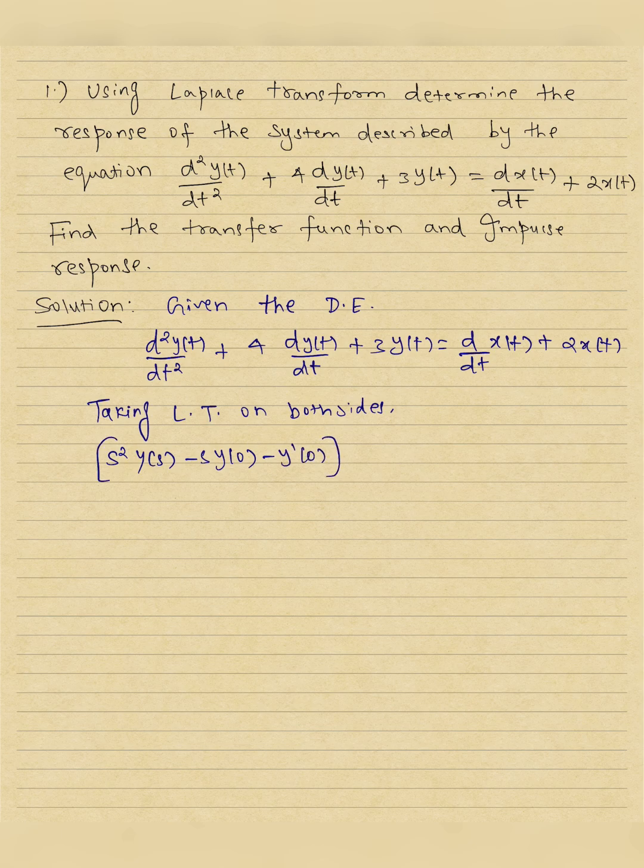This is the Laplace transform of d square y of t by dt square, plus 4 times L of y dash of t, its Laplace transform is s into Y of s minus y of 0, plus 3 times L of y of t, which is capital Y of s, which is equal to d by dt of x of t, which becomes s into capital X of s minus x of 0, plus 2 times L of x of t, which is capital X of s. So we can write it like that. All of this comes through the formula, right?